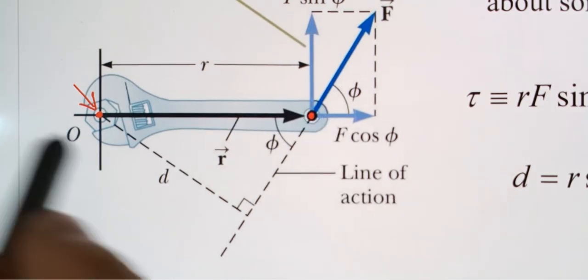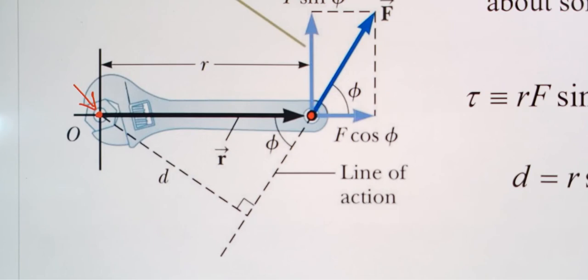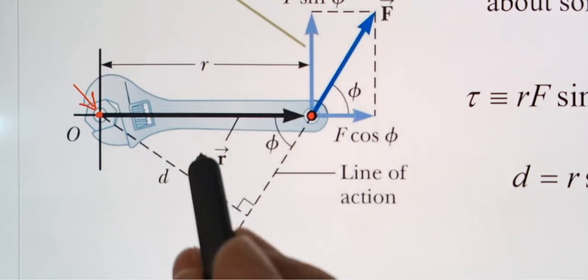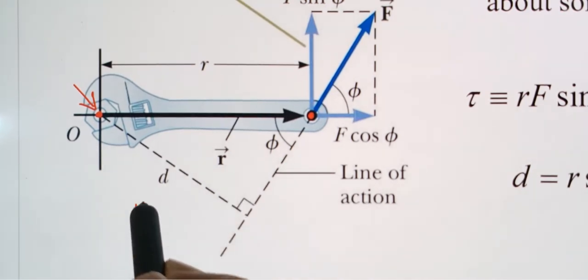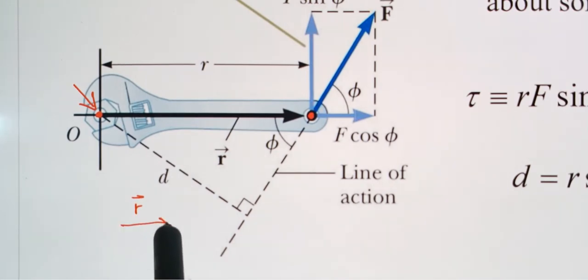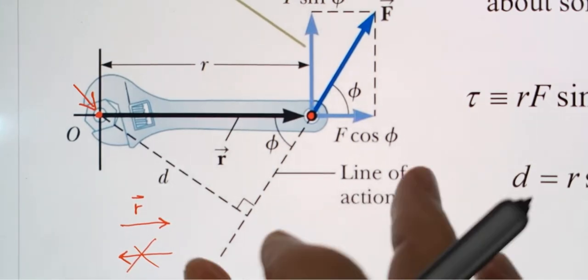That is R. And it's a vector. R is pointing in this direction, it's not pointing in that direction. R is pointing from left to right, not from right to left. It is a vector.